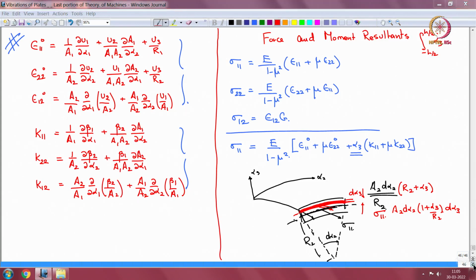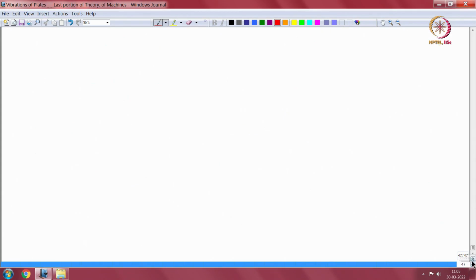So, if I now integrate from alpha 3 equal to minus h by 2 to alpha 3 equal to h by 2 of sigma 11 A2 (1 plus alpha 3 by R2) d alpha 2 d alpha 3.